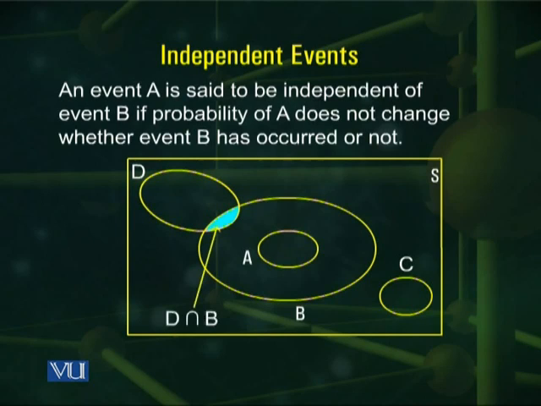Most students confuse independence of two events with them being disjoint. When two events are disjoint, then the conditional probability of one conditioned on the other is 0, because once you are told that the outcome belongs to one set, the probability of the other set is 0. But the unconditional probability of the other set would be non-zero in general.